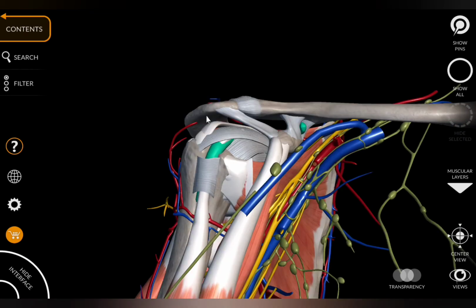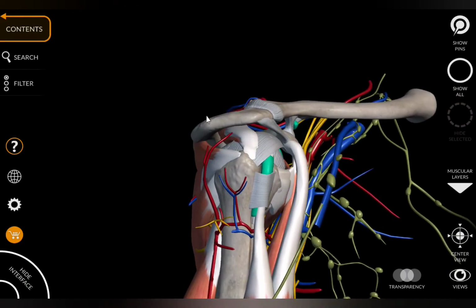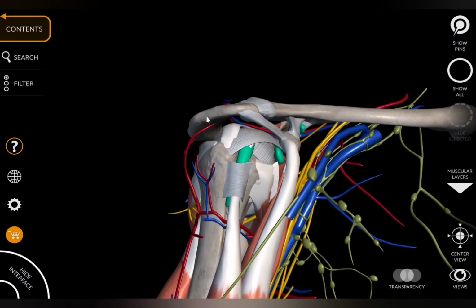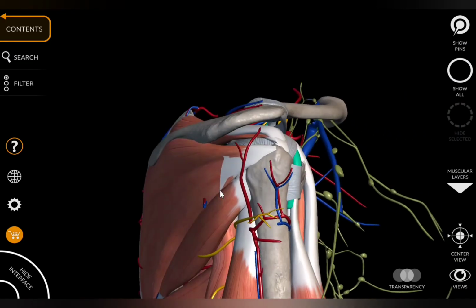Now coming to the joints and the ligaments under the cover of the deltoid muscle. First of all, the joint under the cover of the deltoid muscle is the shoulder joint. Then the musculotendinous cuff, also called the rotator cuff, also lies under the cover of the deltoid.